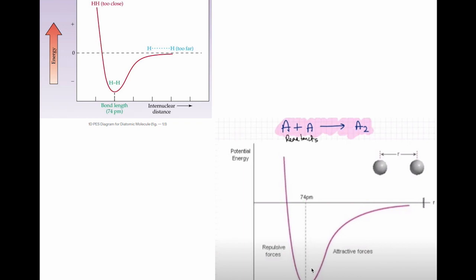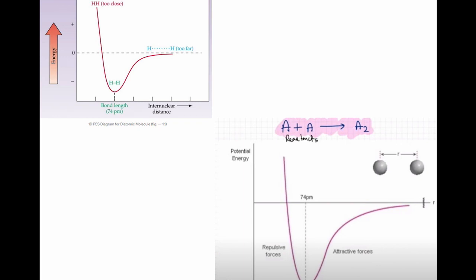This is a two-dimensional potential energy diagram of a diatomic molecule, where in an equilibrium condition its bond length is 74 picometer and potential energy is almost zero. When we compress this bond length, the bond length decreases and the potential energy increases, and if we stretch the bond length, the bond length increases and again the potential energy increases.